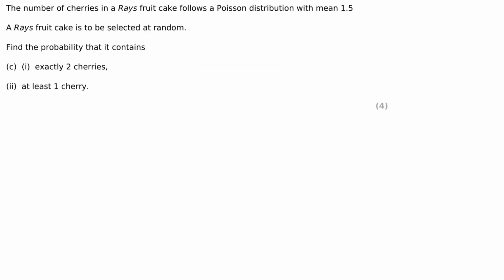Now, part C tells me that we now have a mean of 1.5. So we're looking at a Poisson distribution where our value lambda, or that parameter, is 1.5. So C now, part 1, is exactly 2 cherries, so we want when x equals 2. 1.5 is in my tables, so I do have an option.